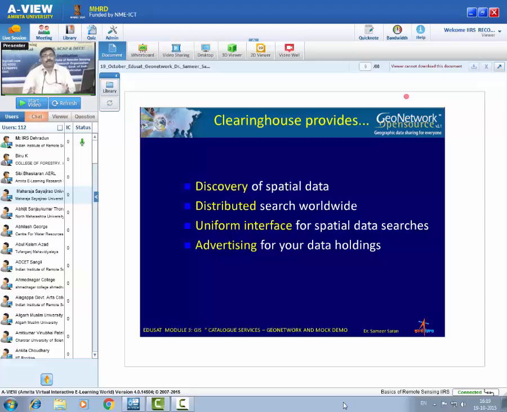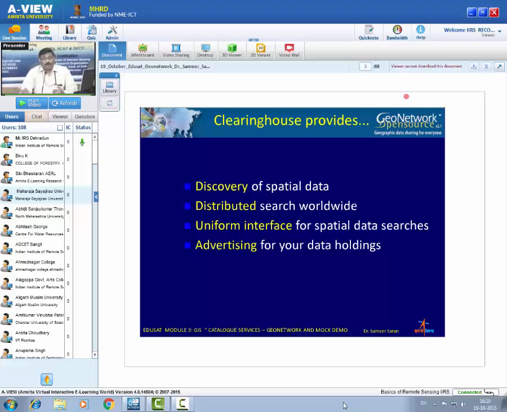Discovery of the spatial data means, if there are 10 nodes, all the nodes' information, I would say the marketing, or the advertising portion, is there in the front end of the portal. So suppose I am hosting some forest classification map, or some thematic map, that type of advertising I can do on the portal, so people can be attracted, and from there it can be redirected to the actual services wherein I am hosting all my data sets.